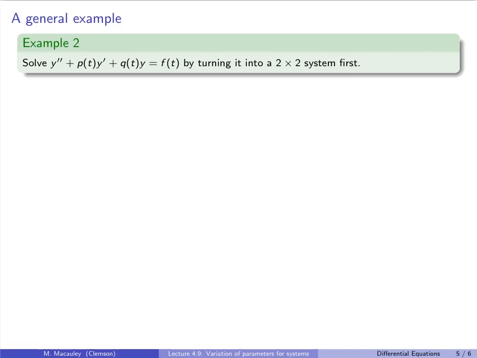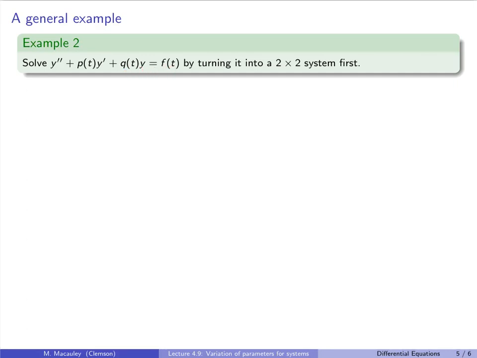Okay, so as promised, we will now solve a general second-order linear ODE by turning it into a 2 by 2 system and using the variation of parameters method that we just learned. And in doing so, we will get a solution that matches the solution that we got when we learned variation of parameters for second-order ODEs. So here's an ODE: y double prime plus p of t y prime plus q of t y equals f of t.